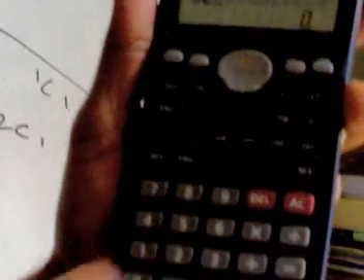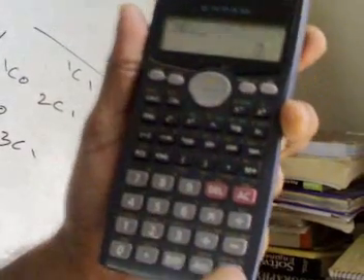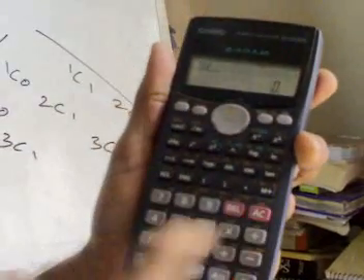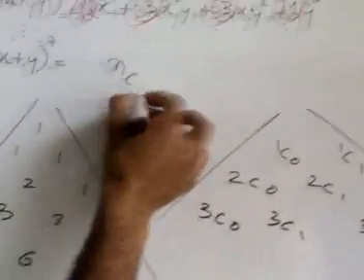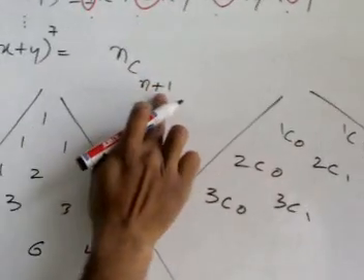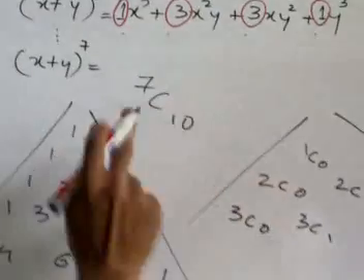If I do 3C0 on my calculator, I will press 3, shift, combination, and 0. 3C0 is 1. Then 3C1 is 3. Then 3C2 is 3. In a combination like nCr, r cannot exceed n; it can never be n plus 1.